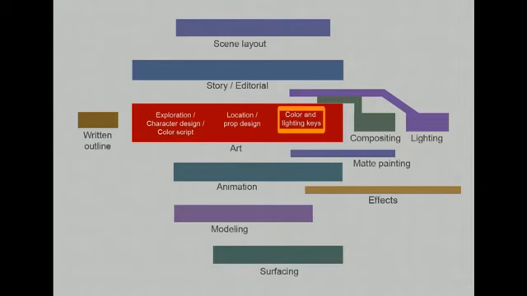And now we come to a biggie. We come to the color and lighting keys. So I'll show you some examples here of color and lighting keys that have been done for different movies. Even though these are often loose, sometimes they're loose and quick, sometimes they're very tight, depending on the needs of the production and depending on the preference of the art director.